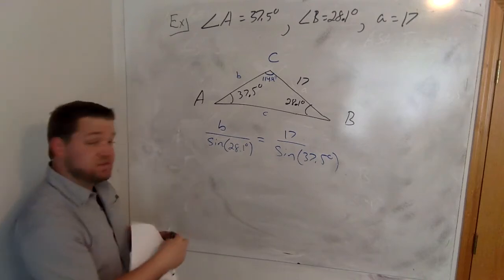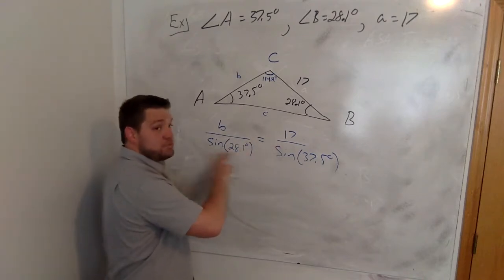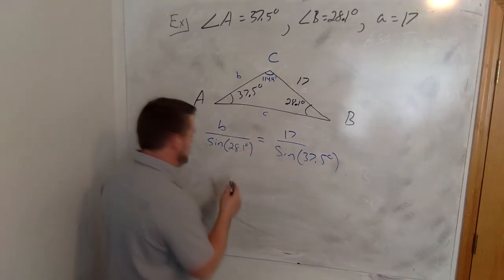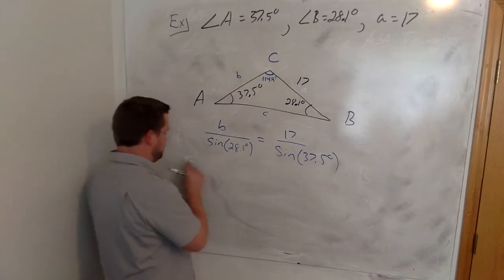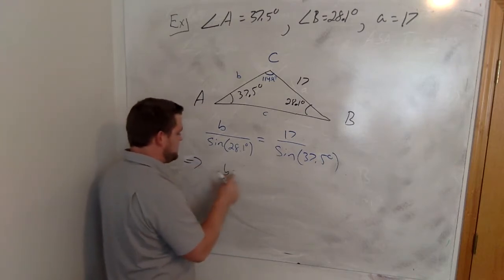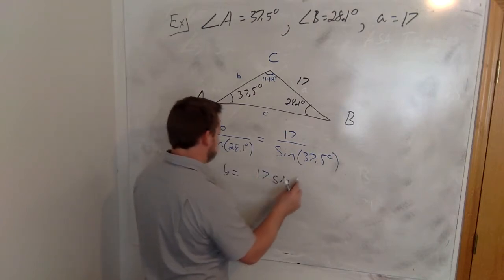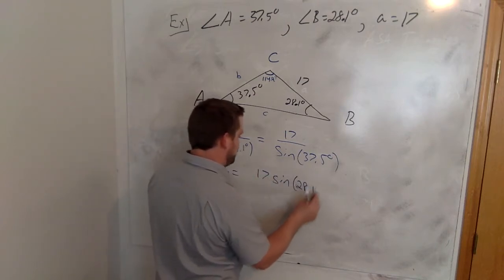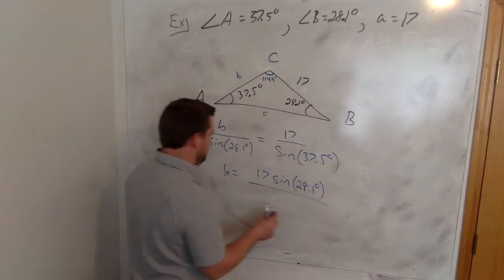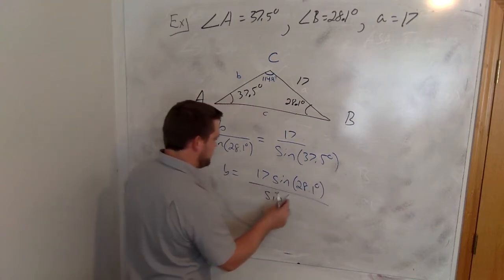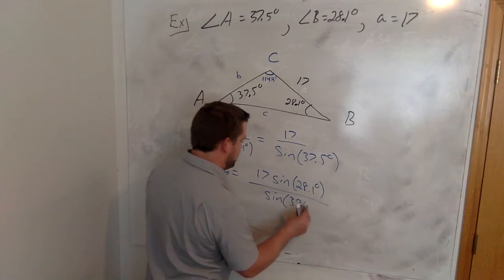Now we can easily solve for B by multiplying both sides by the sine of 28.1 degrees. So B is going to be equal to 17 times the sine of 28.1 degrees all over the sine of 37.5 degrees.